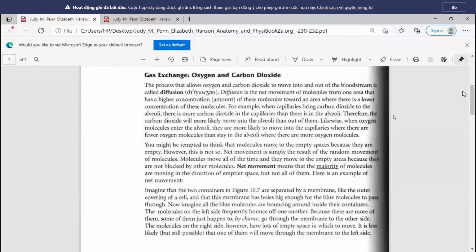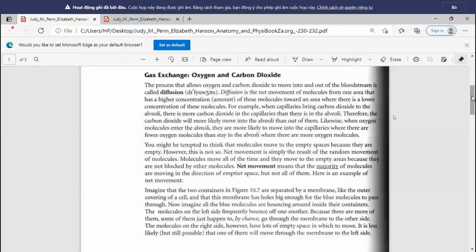So let me continue reading. Imagine that two containers in figure 10.7 are separated by a membrane, like the outer covering of a cell, and that this membrane has holes big enough for the blue molecules to pass through. Now imagine all the blue molecules are bouncing around inside the containers.